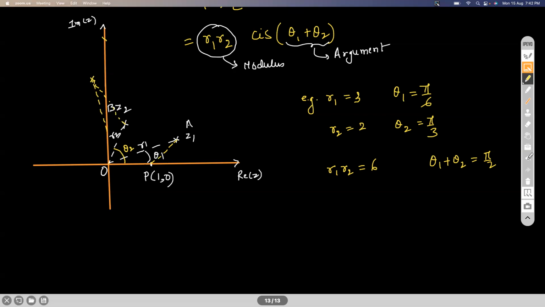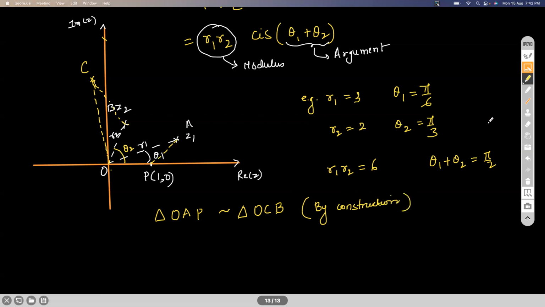So what I'm doing right now is creating a triangle OBC. Here triangle OBC and OAP, triangle OAP and triangle OCB, are similar to each other. So you make this by construction, a triangle similar to triangle OAP. Now what I claim here is that this point C will now represent Z1 into Z2.